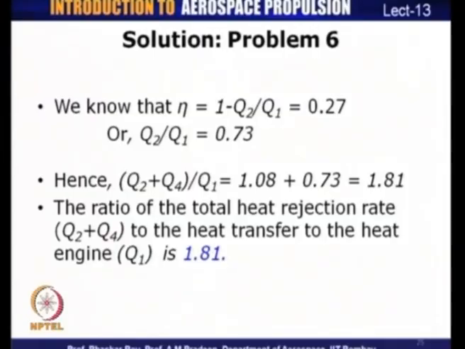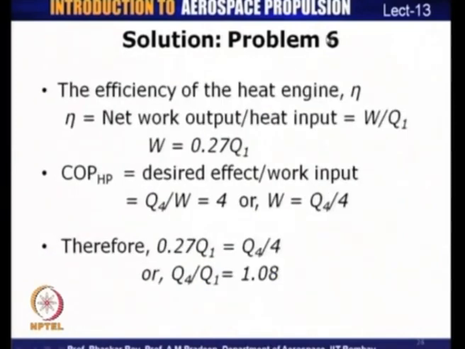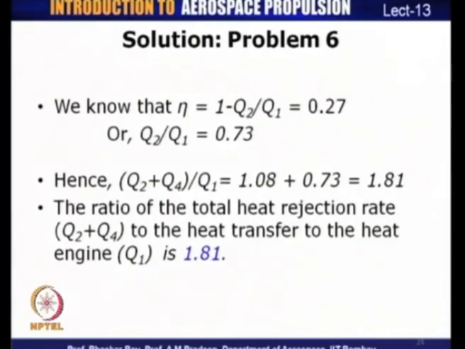And so, we also know that efficiency is equal to 1 minus Q2 by Q1, and that is basically because efficiency of the heat engine is W by Q1, and W is equal to Q1 minus Q2, and so we get efficiency as (Q1 minus Q2) divided by Q1, which is equal to 1 minus Q2 by Q1, and this is given as 0.27.